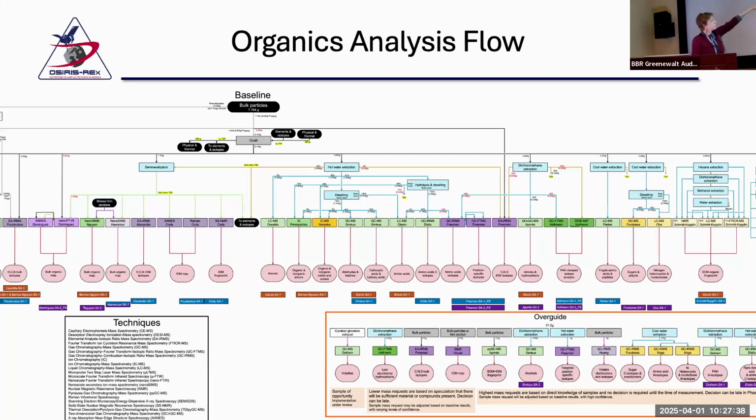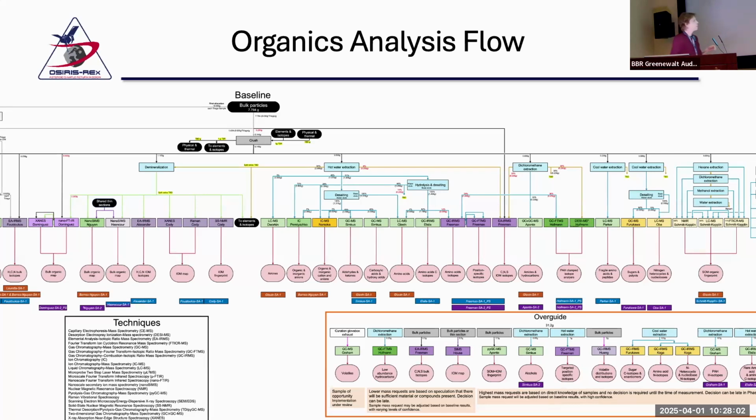And each one of these things that you see in blue boxes up above here, those are all different kinds of sample processing. And so you can see this is a large orchestration of activities, so that some of these sample processing activities serve many different analyses for many different analytes of interest.